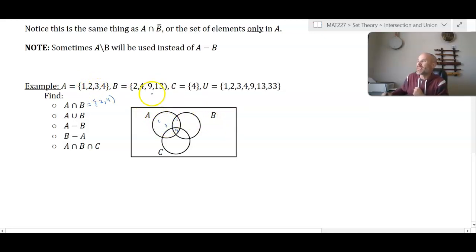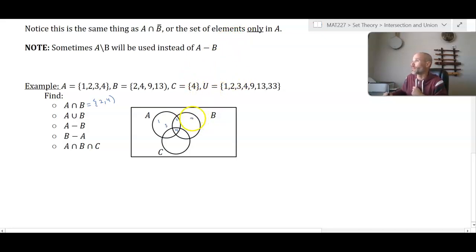The elements in B that are not in C, notice, C just contains the element 4, so there's nothing in these other regions. C doesn't share anything in common with any other set, and C doesn't have any elements that are just in C alone. Right? C only contains that one element shared in common among the three.